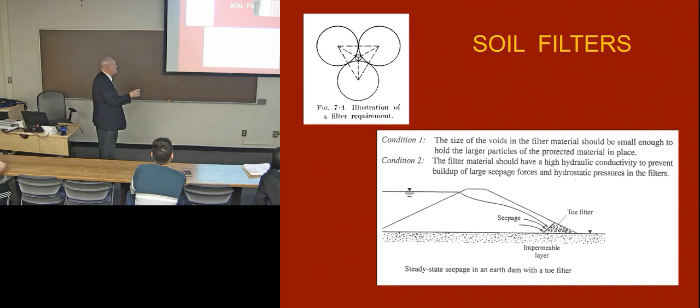Condition one, the size of the voids in the filter, that's the filter of the big pieces, should be small enough to hold the larger particles of the material to be protected. So in this toe filter, the large particles have to be a certain size to protect the small ones.